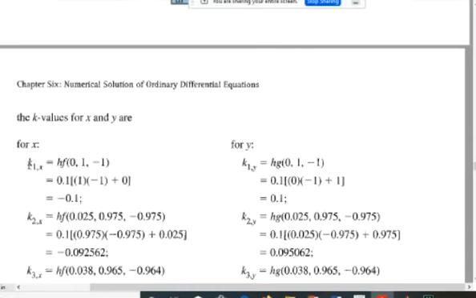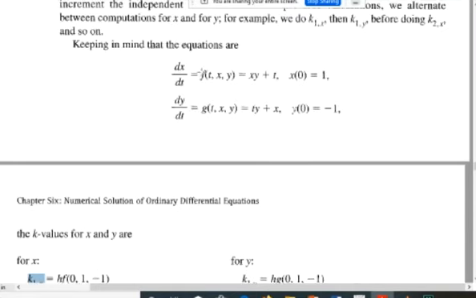Here we use the notation k1x, where k1 refers to the first k, and x refers to x, and k1y, the first k referring to y. H is our step, and f relates to this function.